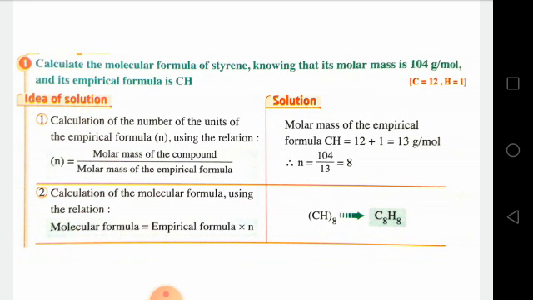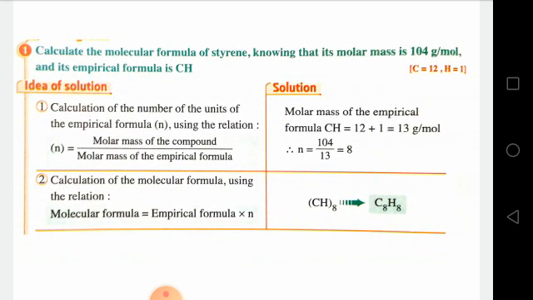By multiplication, or by writing the empirical formula between brackets and writing 8 on the right side, we will write the molecular formula as written here: C8H8.